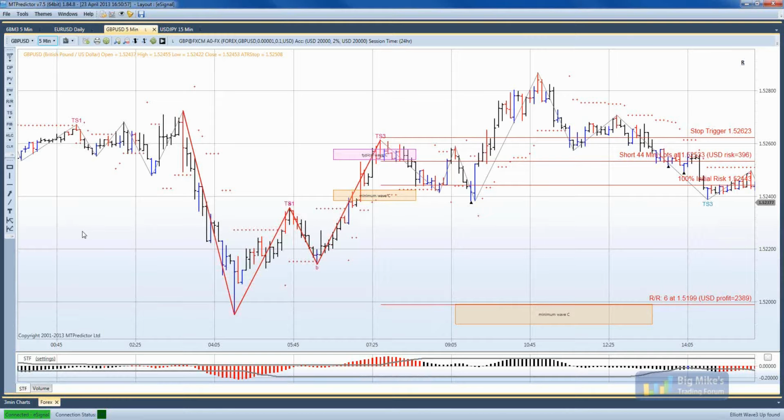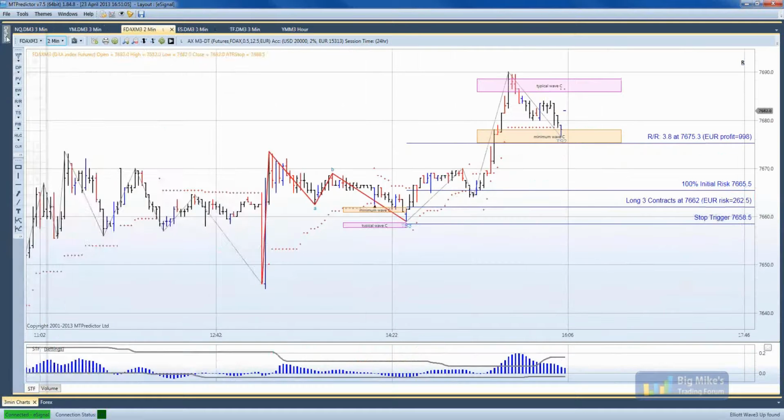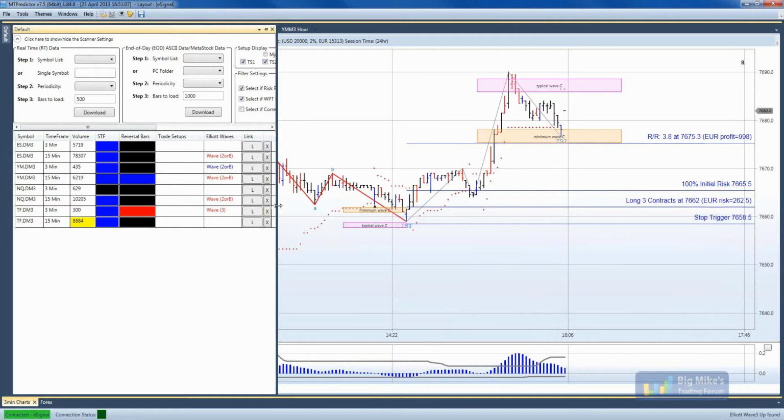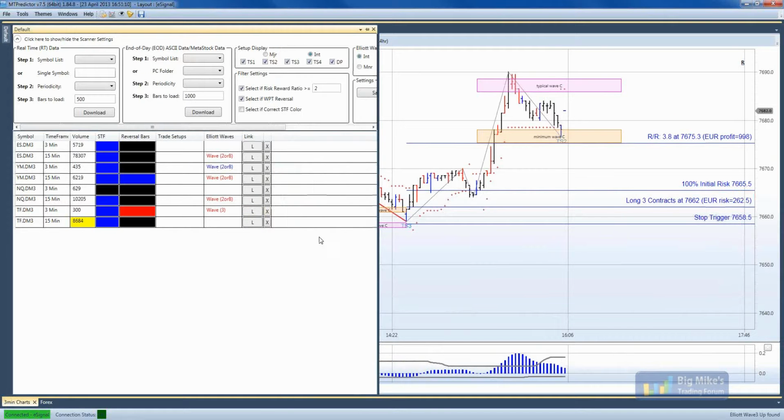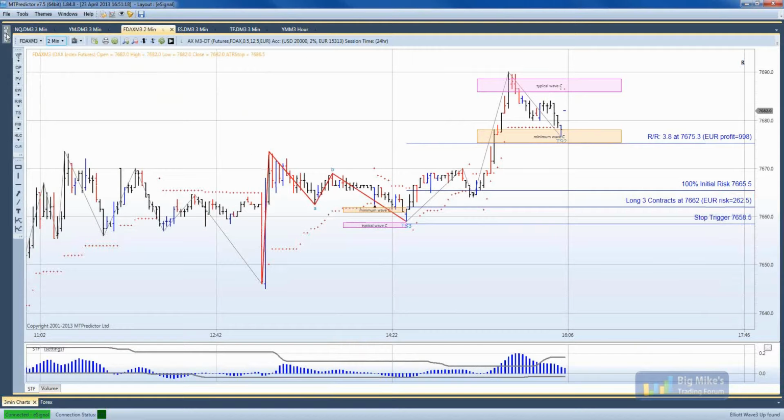So what I want to do now is move from the standard kind of trade setups, and as I've already said, we have a scanner that you can set up here. In fact, if I take a couple of seconds now, I'll show you a bit about how you can use different parts of the software. So you have this scanner, so it just flicks in and flicks out like that.